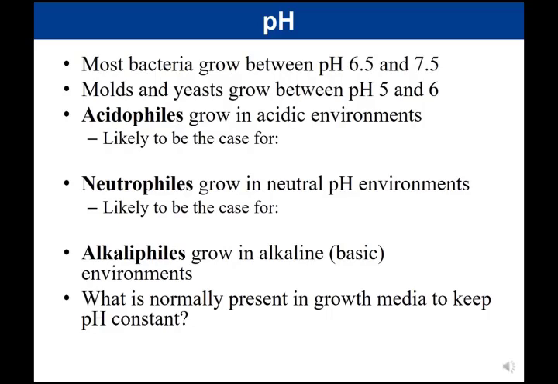So if we call an organism an acidophile, acidophiles grow best in an acidic environment, right? They grow best at a low pH. This is likely to be the case for most food spoilage microbes.